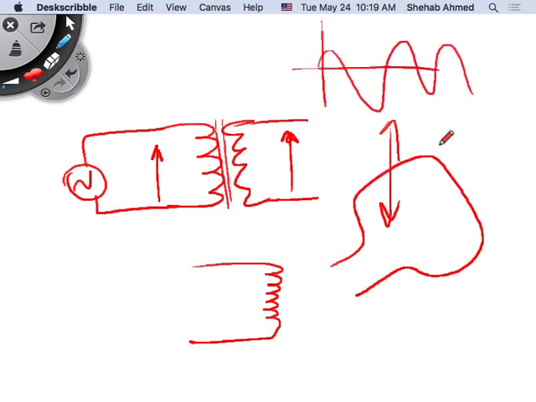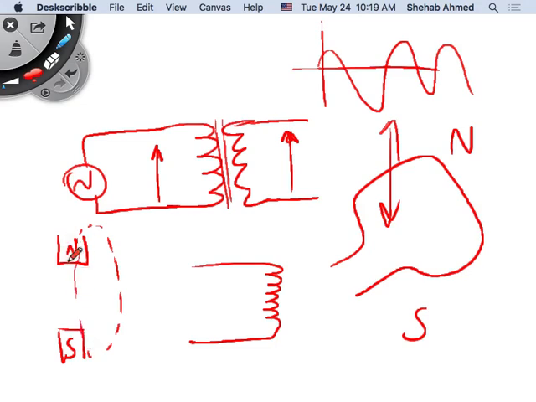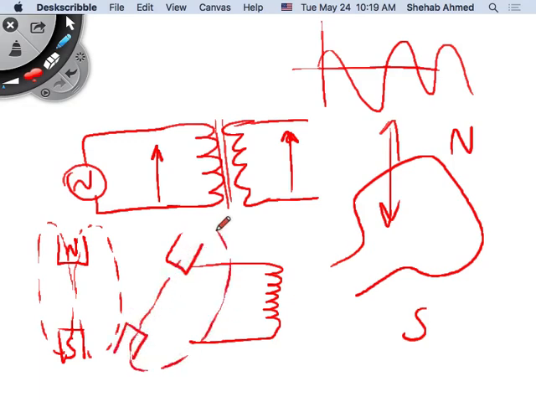I have a magnet here, with a north pole and a south pole, and I put these on a motor and keep turning them around. The magnetic field lines will go from north to south like this. How about if the magnets are tilted? Same, the magnetic field lines will go like this.